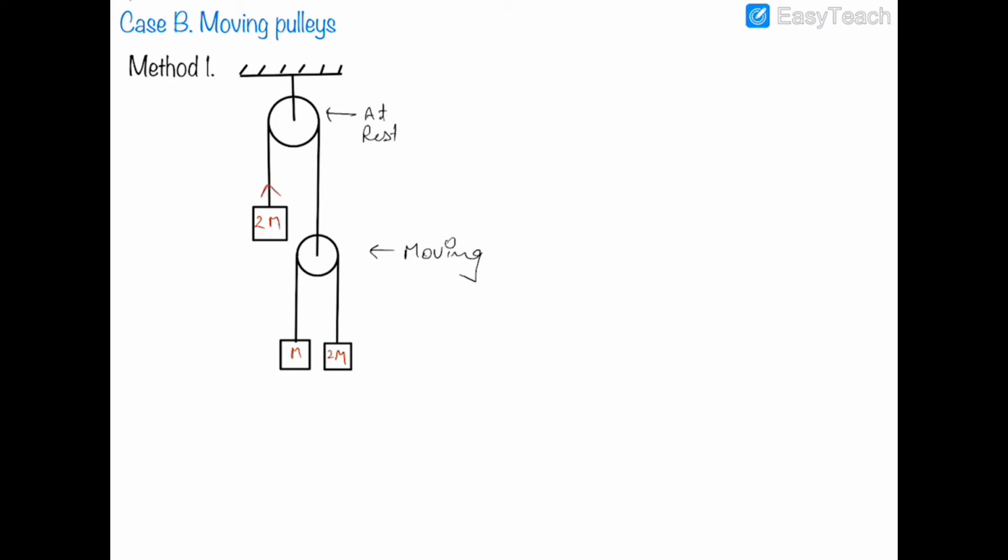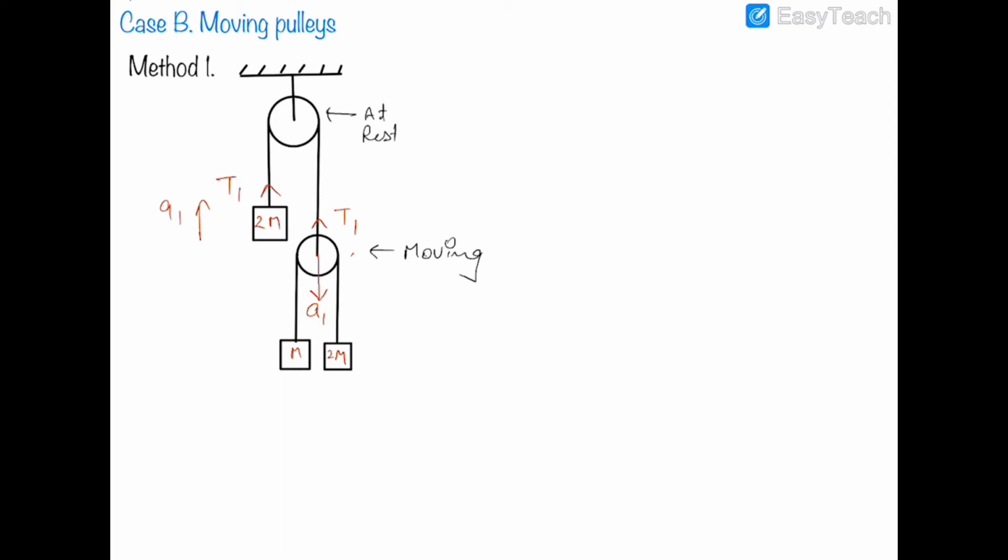Now the tension in the rope, let's suppose it is T1, and it is also T1 because the rope is the same, and the acceleration of this 2m mass is A1. Okay, now if the acceleration of the 2m mass is A1 in the upward direction, then the acceleration of this pulley will be A1 in the downward direction.